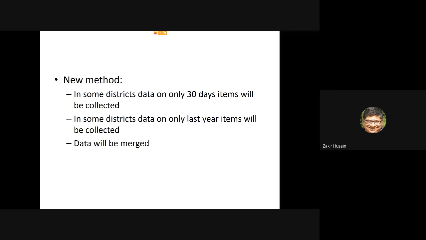Then they will merge. They will take the 30 days items from you and put it into my income group. They will take the annual recall and plug it into your data. So they were trying to do this and see whether the estimates were correct or not. I don't know the result of this exercise.